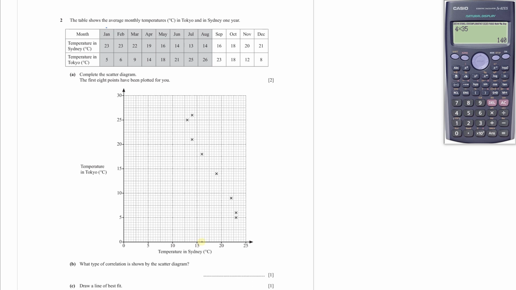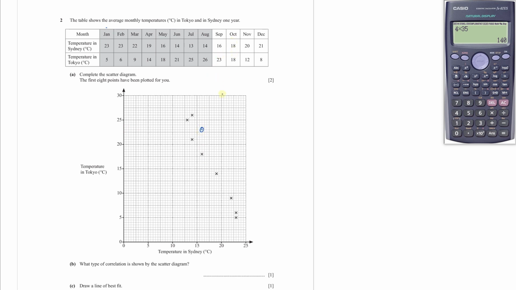And then Tokyo is 23. So I'll go up. This is 20. Again, on y-axis as well, 2 blocks represent 1 degree. So this is 21. This is 22. This is 23. So this point is 16 on x-axis and 23 on y-axis.